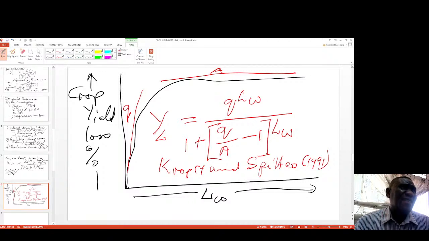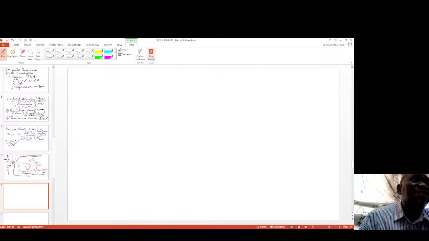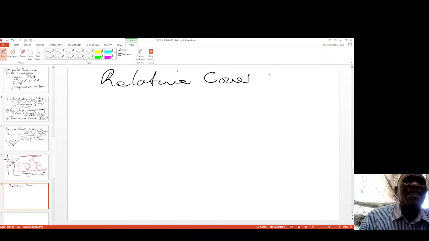So in this case, relative leaf area is now being used to substitute weed density. But probably a relative cover could be easy to use because you just use your estimation as you walk within the field. Relative cover, RC.